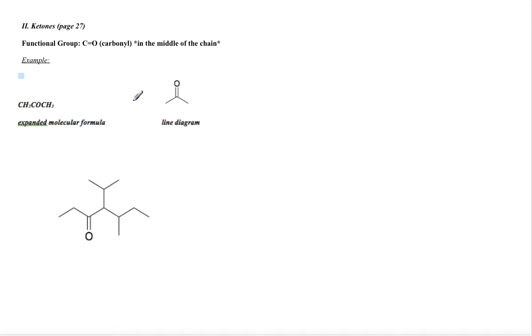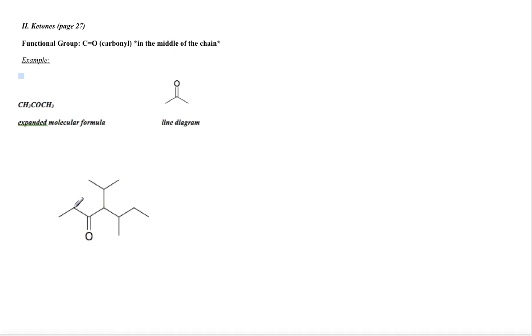Ketones, as we've discussed, the difference is that their carbonyl is somewhere in the middle of the chain. So it's basically not on carbon number 1. But the naming is the same. Step 1 is to find the longest continuous chain that includes the carbonyl. 1, 2, 3, 4, 5, 6, 7.